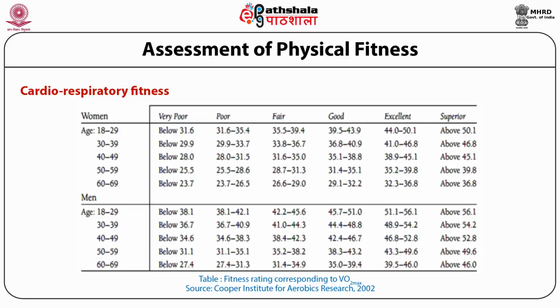However, for a man of similar age group, a value of more than 56.1 is considered to be the superior fitness level. So we can have a look at the different physical fitness levels corresponding to their values of VO2 max, which has been graded from superior to excellent to good to fair, poor and the very poor categories.